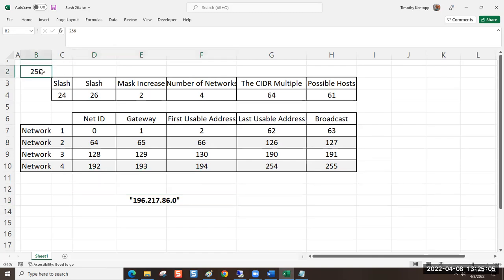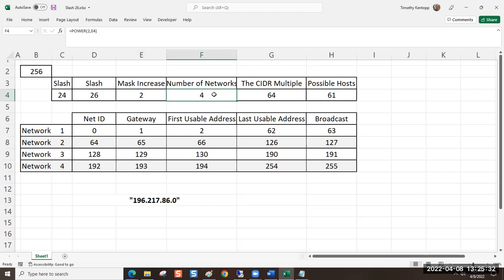I have 256 addresses originally, but when I increase the /24 subnet to a /26, the mask increase is 2 binary values of 1. So I have 26 ones in a row instead of 24 ones in a row. With that traditional Class C network, I can create 4 new networks.